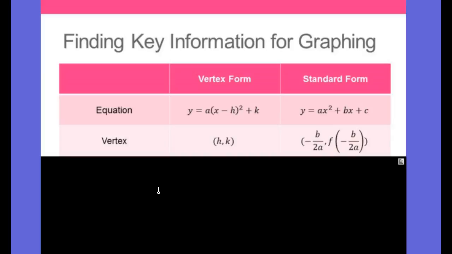You got to take the number on the middle term, divide it by 2 times the first number, and add a negative. And then to get the k value, you got to plug it in. So when I say graphing from vertex form is much easier, it is because the vertex or the valley and the peak are given to you right in the equation. Where in standard form, you gotta kind of find them, which takes some time.